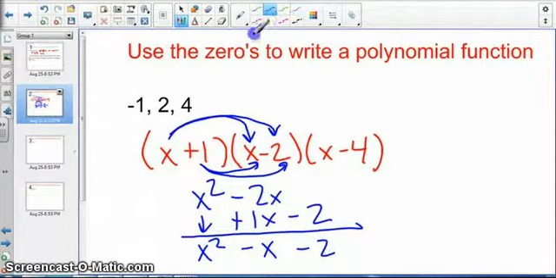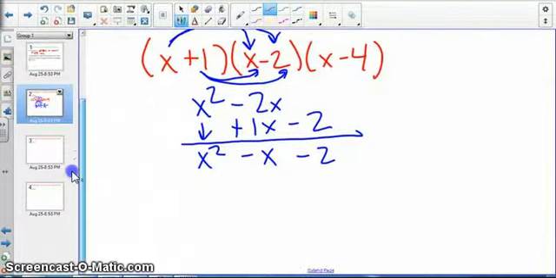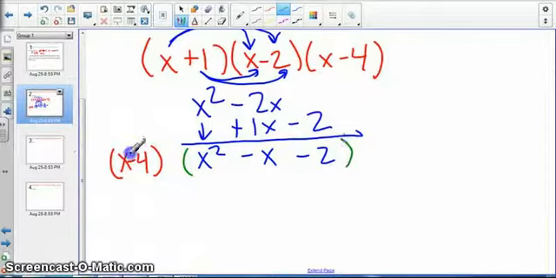Now I need to take my trinomial here and multiply it by my last binomial, x minus 4. I'm going to multiply it by x squared minus x minus 2.